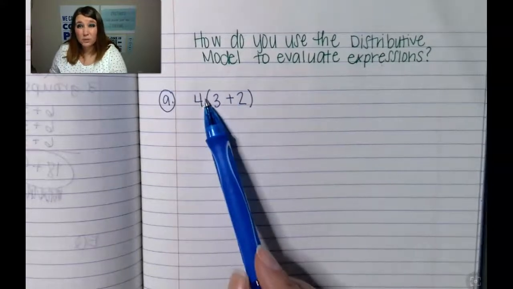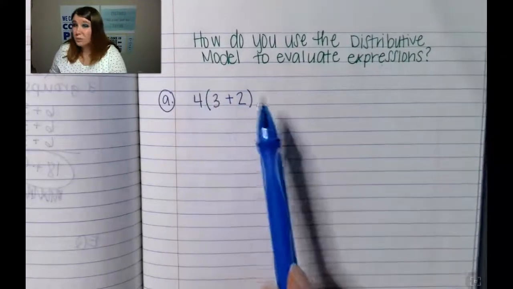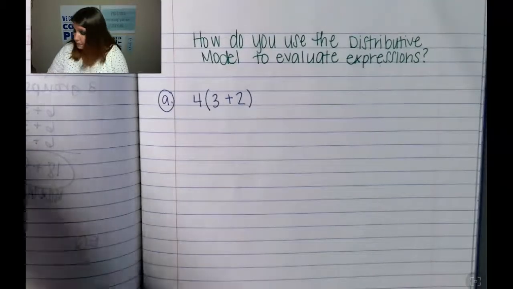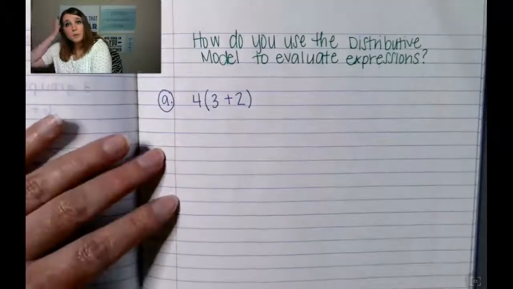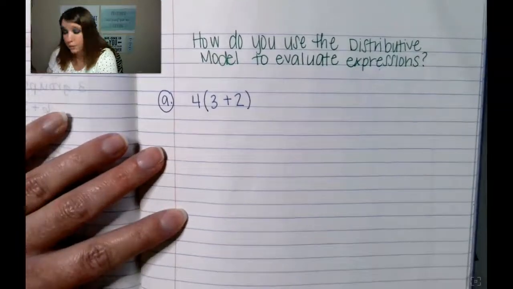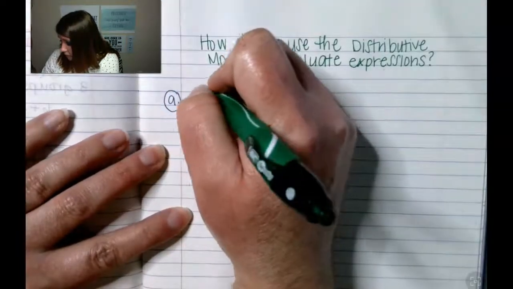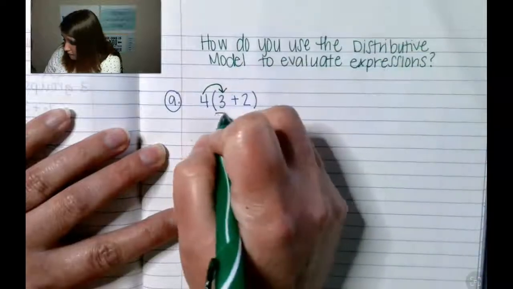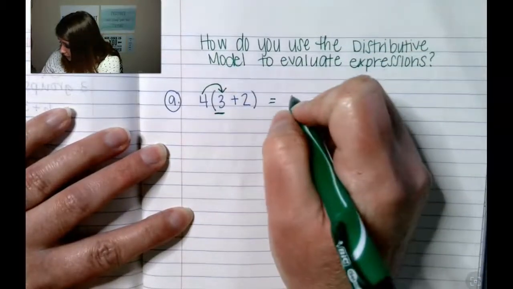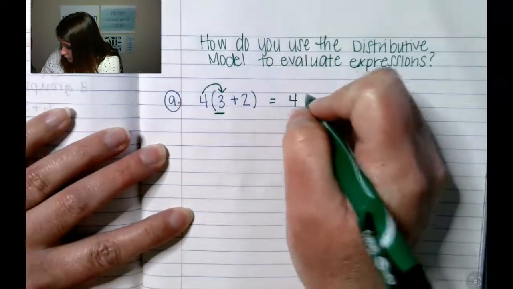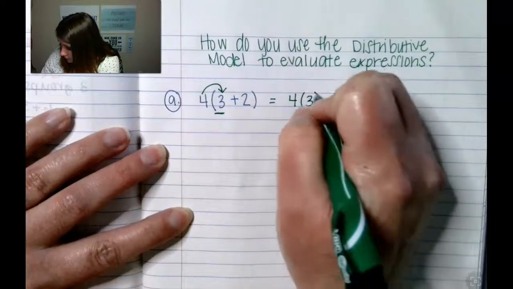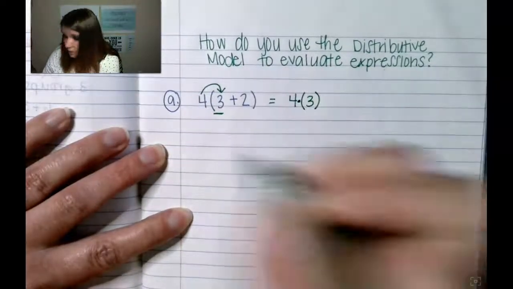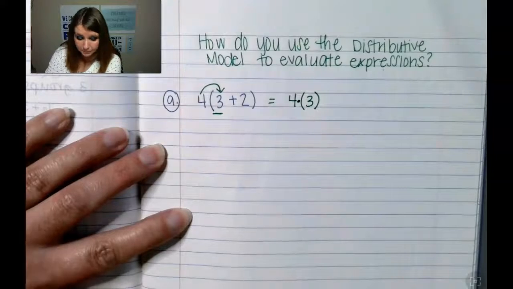So I have 4 groups of 3, and I also have 4 groups of 2. I start with the 4 and multiply it by the 3: 4 times 3, or 4 groups of 3. I can put my little multiplication sign in there.